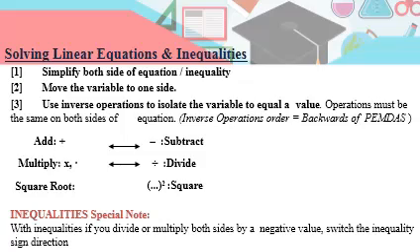And if you have a square root, you have to square in order to get rid of it. In inequalities, you have to take into consideration that if you divide or multiply both sides by a negative value, you have to switch the inequality. So if it's greater than, it becomes less than. We are going to practice this later on.